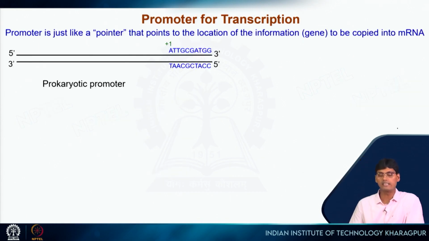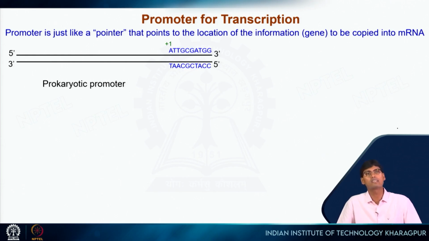So as you can see here, promoter is just like a pointer that points to the location of the information, in this case particularly the location of the gene to be copied into mRNA. If I give you an analogy, this is similar to, for example, a DVD. We have, I would say, 100 different songs which I really like.